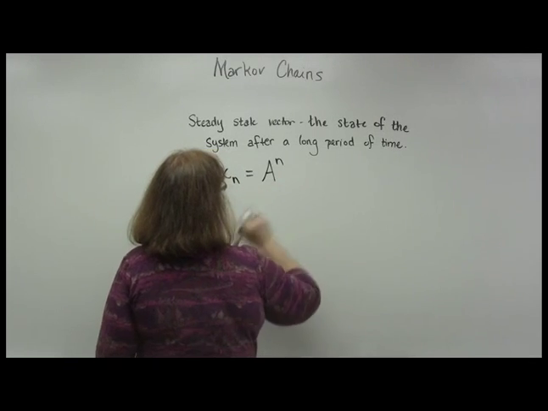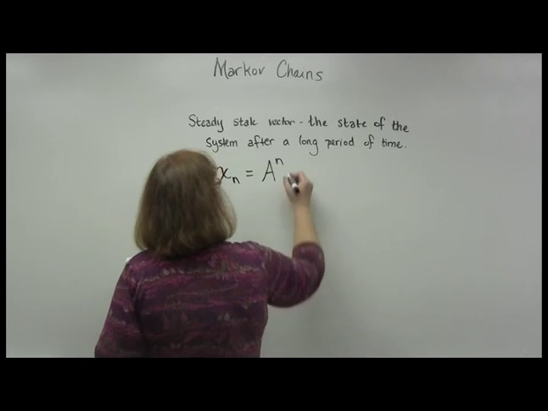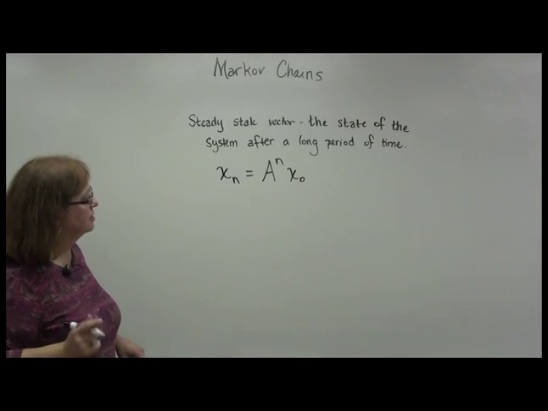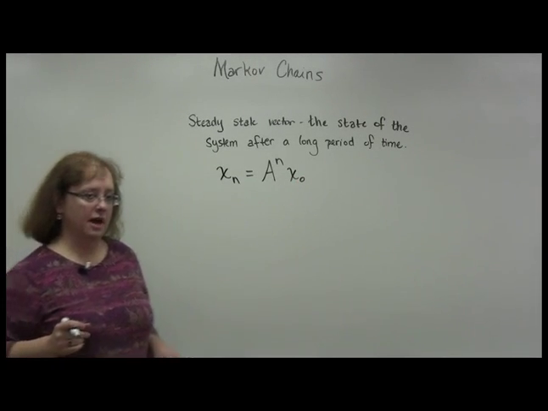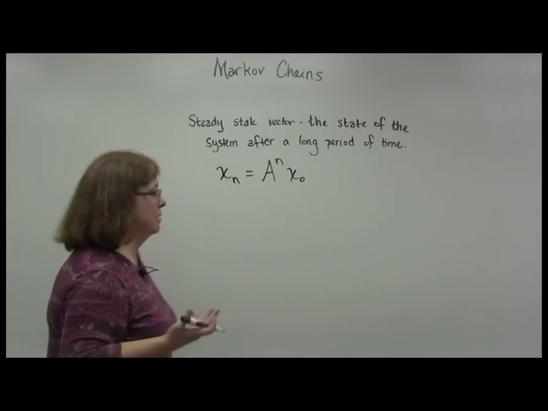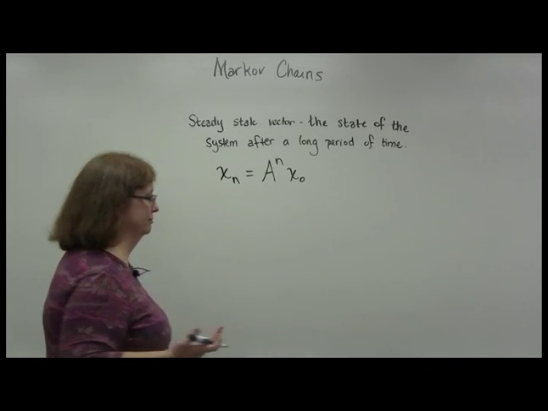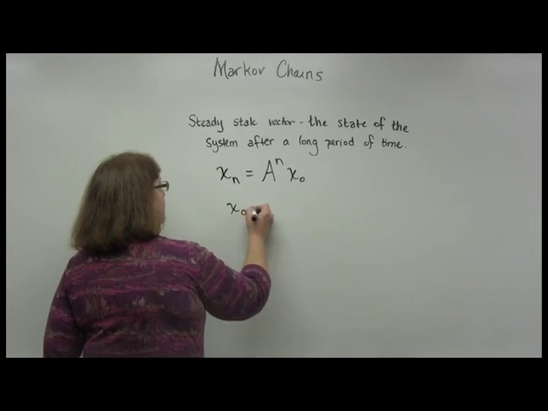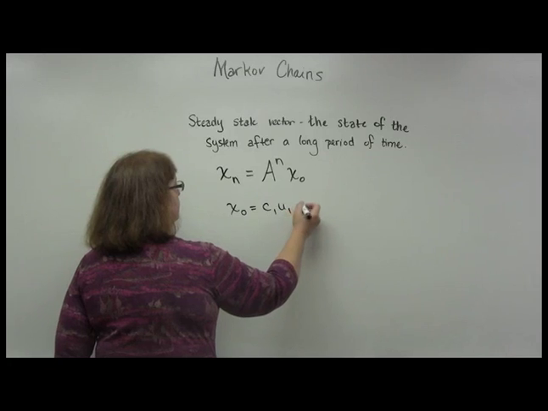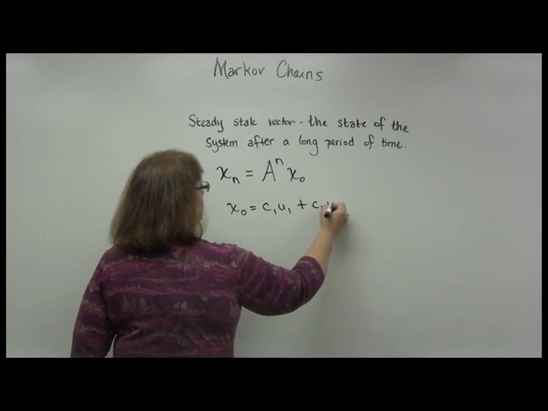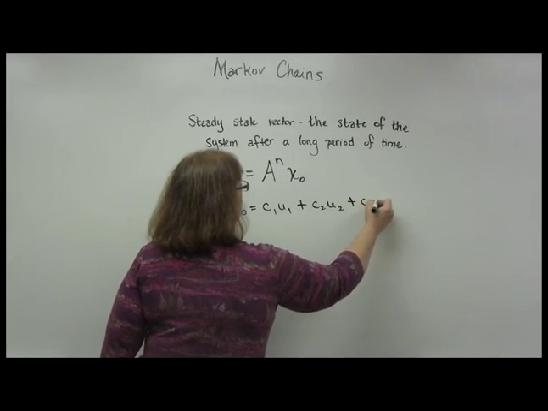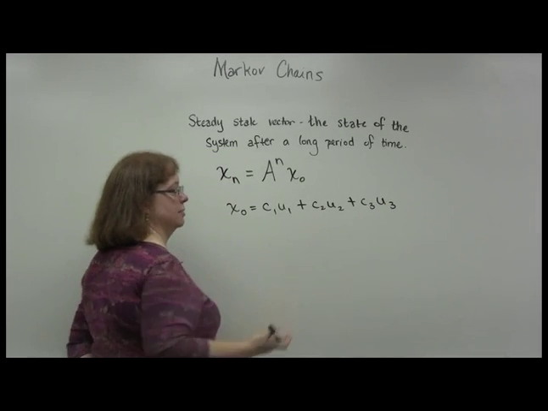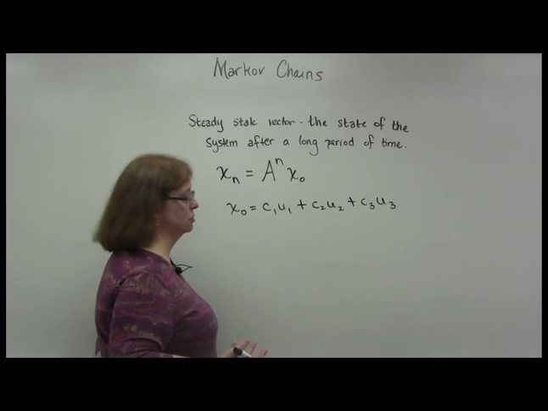So we know that x sub n is A to the n times our initial state vector. Well, if I had some clever way of writing that initial state vector, maybe using an eigenvector or two, or however many I have. For example, if I do it this way, now I might have more eigenvectors than that, but let's just say I'm dealing with a system that only has 3 eigenvectors.